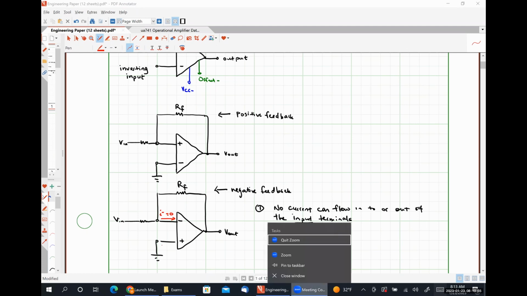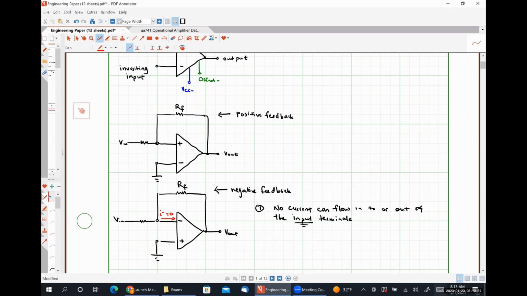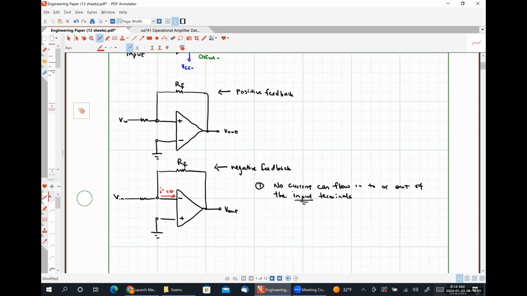And similarly, this current right here, which I'm going to call I plus, must also be 0 amps. So no current can flow into or out of the input terminals.